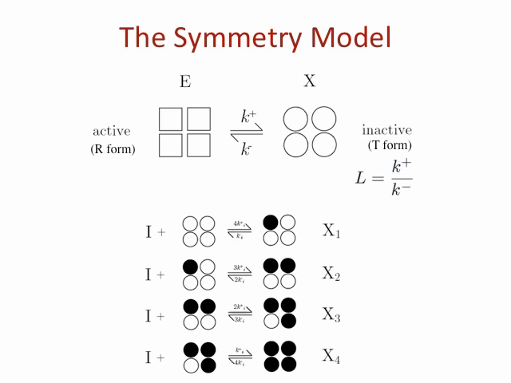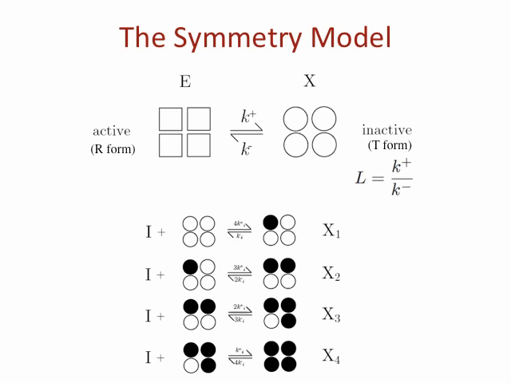And this is a tetramer shown, where all the subunits have a square conformation where the active site is open. The X form is the inactive form, where the protein subunits naturally take on another conformation in which the active site is closed off.